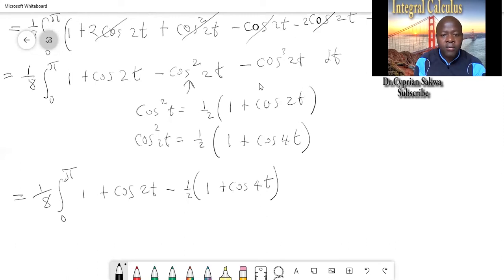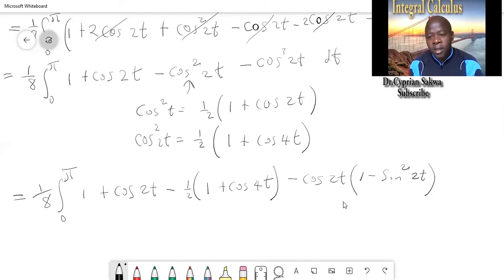And then instead of this, let's write cos 2t into 1 minus sine square 2t, because of the other identity that says sine square theta plus cos square theta is equal to 1.